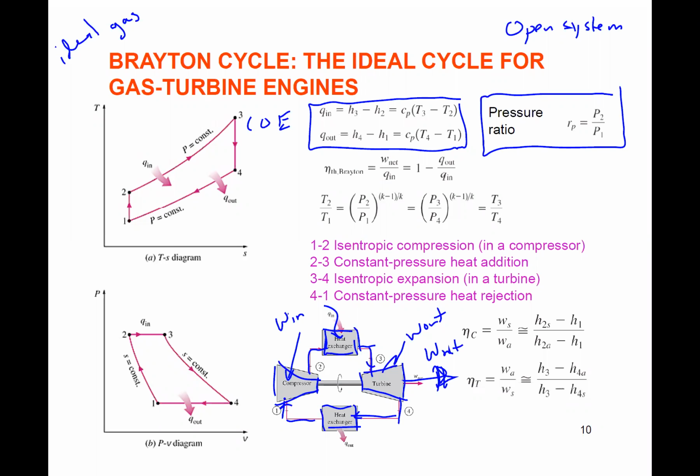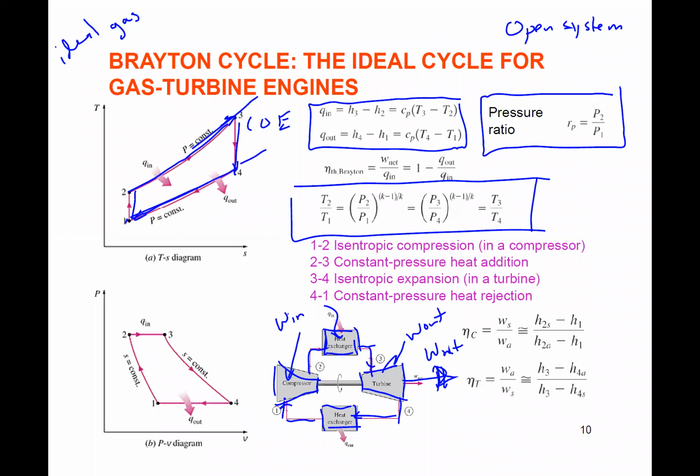We have our isentropic compression, constant pressure heat addition, isentropic expansion, constant pressure heat rejection. So we're at two pressures, and that describes the system, so that's why we have pressure ratio. And then we also have isentropic processes from 1 to 2 and 3 to 4, through our compressor and through our turbine.